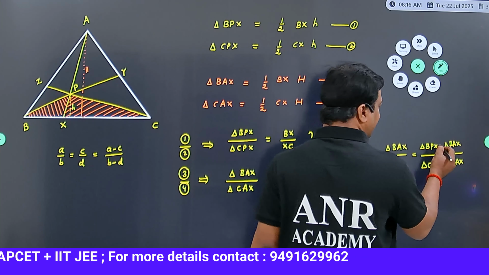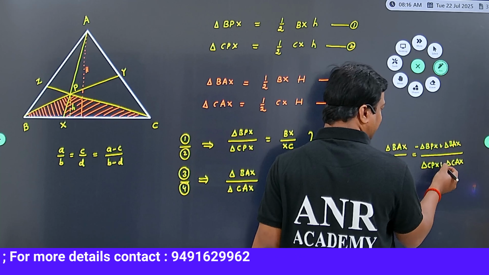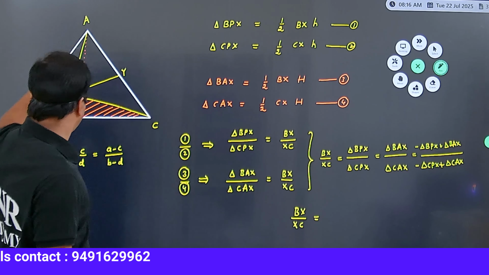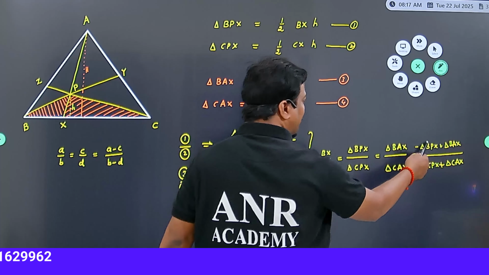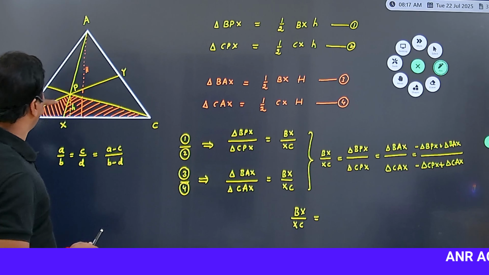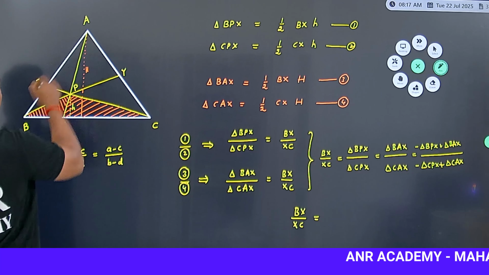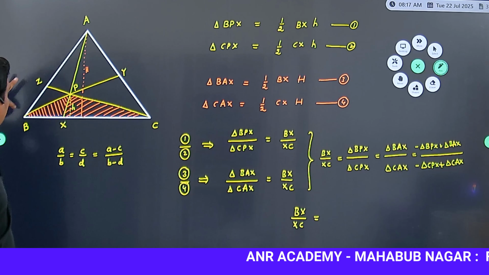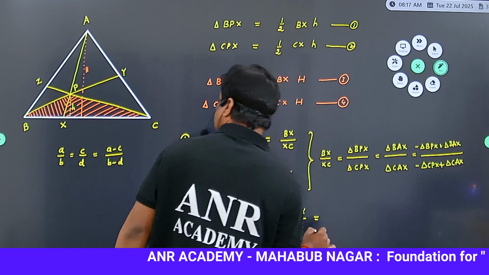So I am going to write here plus sign and here minus sign. BAX is greater compared to BPX. So from the greater area, if you remove the least area, we get the area. From this entire triangle area ABX, we are going to remove BPX so that you will get the area of APB.